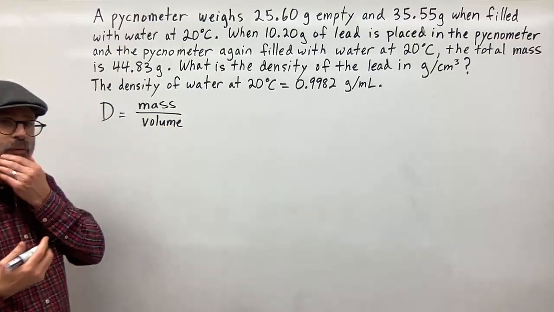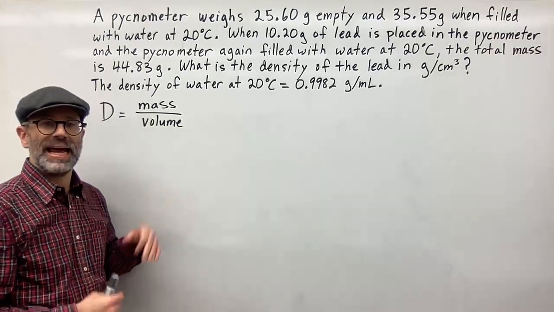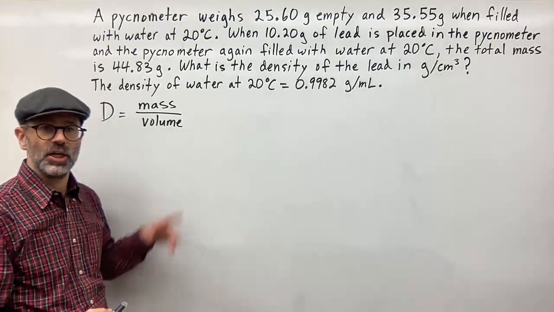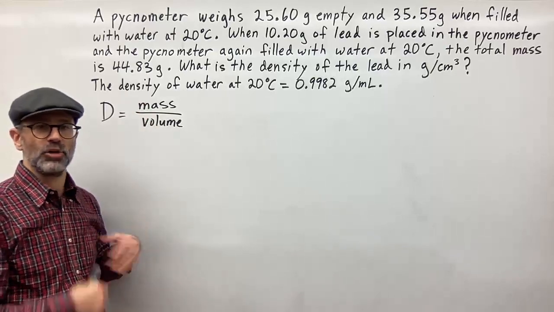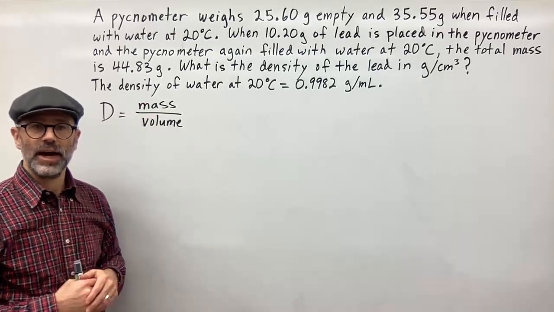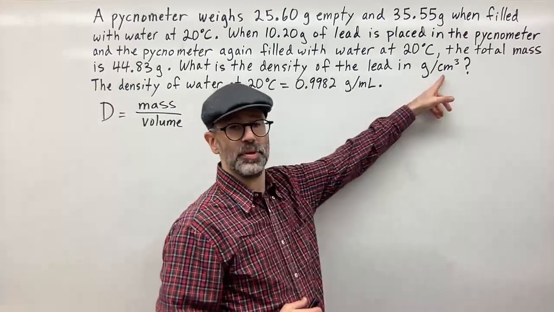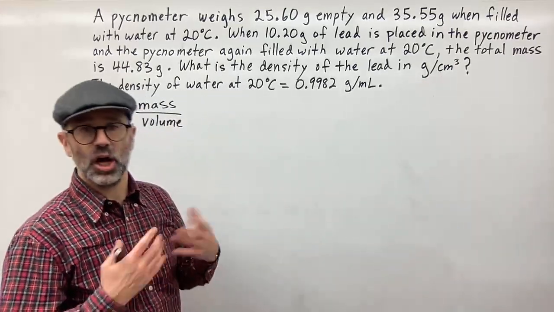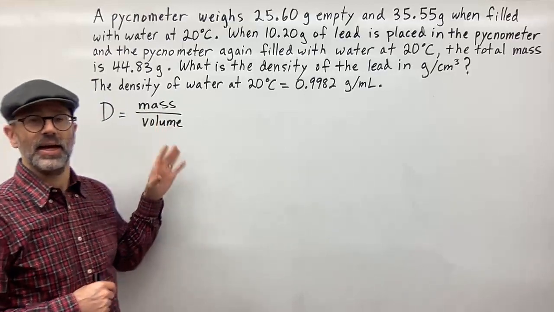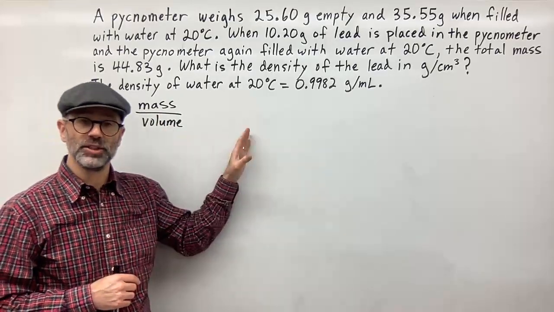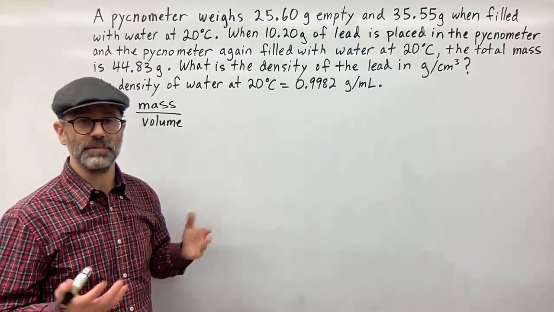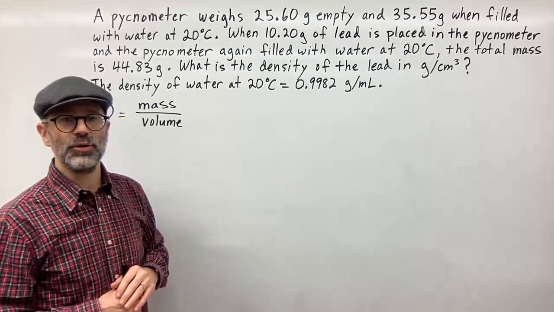So if we know the mass of the substance and the volume of the substance, we just take the mass and divide it by the volume, and we get our answer. Then they want us to find grams per centimeter cubed, so as long as you convert the density to the units that they want, you're good. Can we do that here?